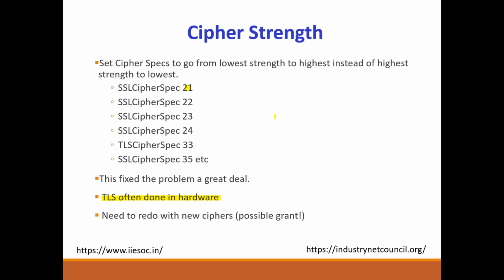We are also looking at potentially looking at the power consumption used for various Cipher Specs. We have a grant that we have applied for, so that we can look at power consumption used for various Cipher suites.